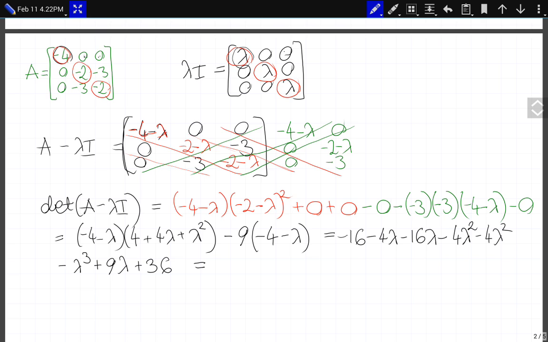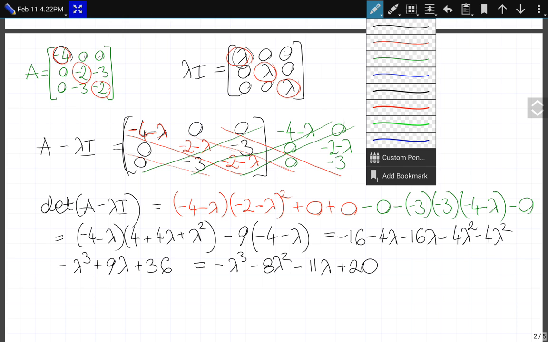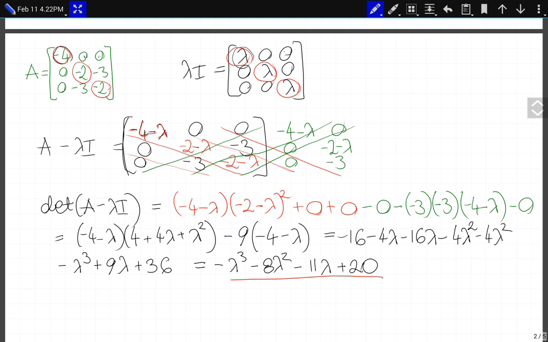And in the end, it reduces to minus lambda cubed minus 8 lambda squared minus 11 lambda plus 20. And that is our characteristic polynomial.